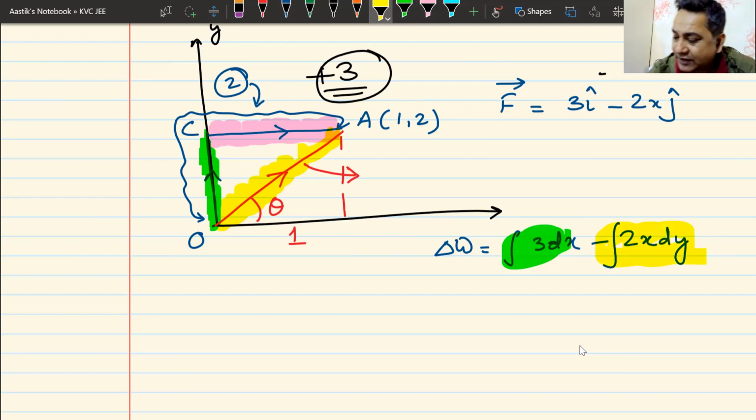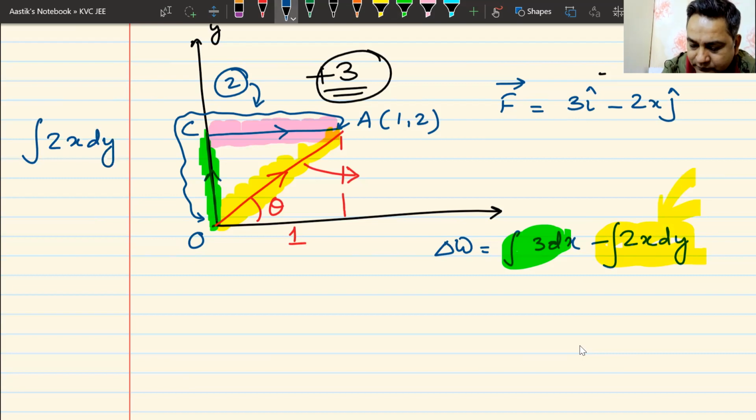So basically we need to calculate the yellow integral. How do I calculate it? I'll simply write the integral of 2x dy, and then I look at the green path, this one, when I go from O to C. Hanak, are you there in the class?